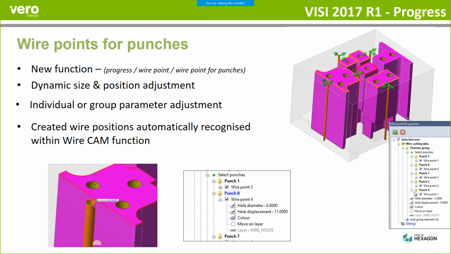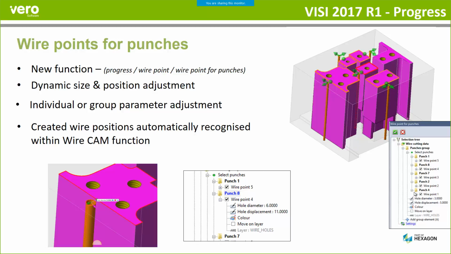Now this is a new function. There were a couple of functions added in the last release, and this one slips in with those 2 functions that were added previously. So it sits within the progress and wire point menu, and this one's called wire point for punches.